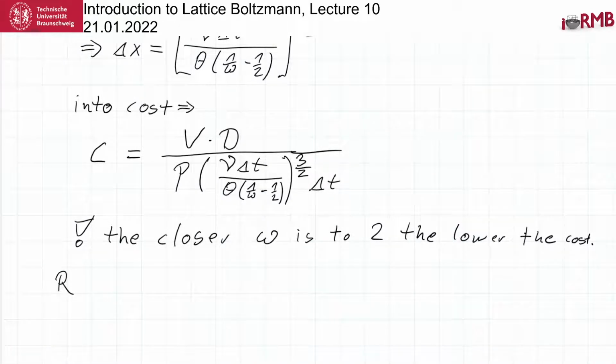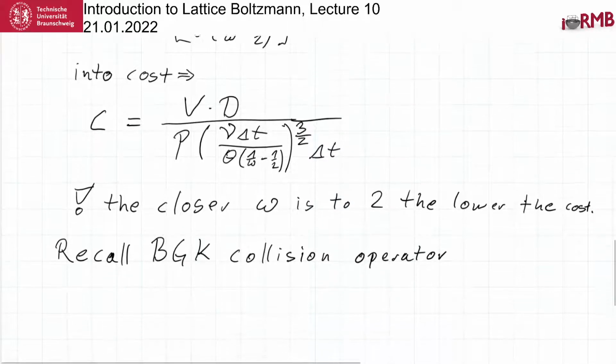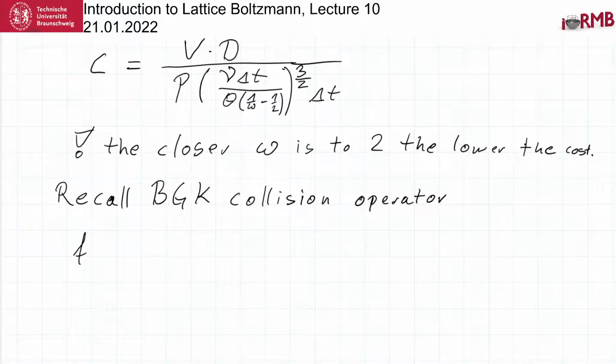Now let's go back to our BGK collision operator. This is where omega originally comes from, and here we have the f_ijk. I just happen to write it three-dimensional. You can also write it two-dimensional, then it would be f_ij.